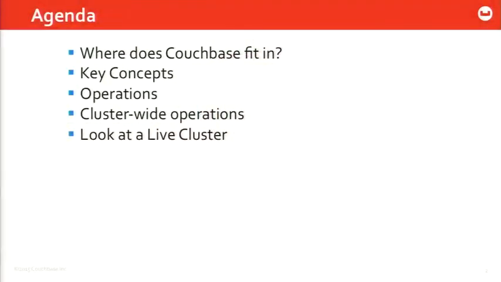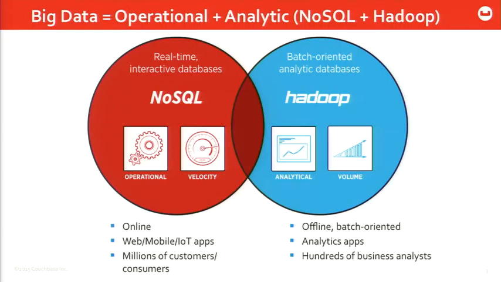So today's agenda, I wanted to talk about where Couchbase fits in, some of the key concepts, how the operations work on a single node and a cluster-wide basis, as well as, if time permits, a look at the live cluster. Looks like we're running a little bit late today, so we'll see how that goes. And I think for some of you, today might be the first time you are getting introduced to Couchbase or going a little bit deeper into Couchbase.